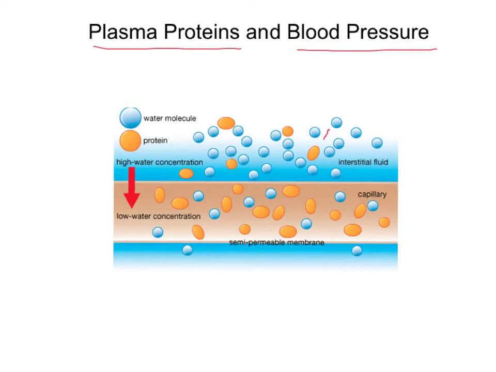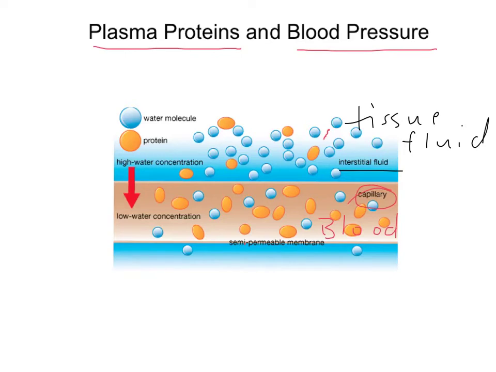So let's review the situation that we've got here. We have a capillary, and what's inside the capillary? Hopefully blood. And then outside the capillary we have the interstitial fluid, which I am usually in class calling tissue fluid. And the tissue fluid is mostly water, shown with the blue circles. Water, water, water.